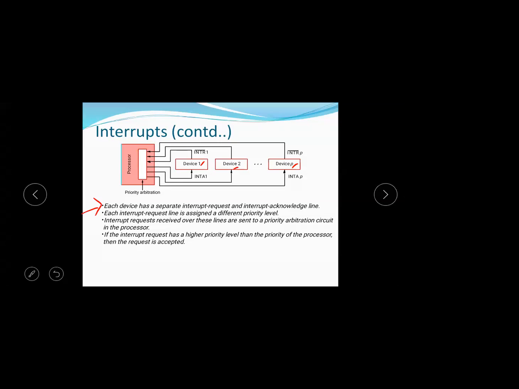Similarly INTR2 and INTA2 for device 2, and for device P, interrupt request P and interrupt acknowledgement P. Each device will have a separate request line and a separate acknowledgement line.